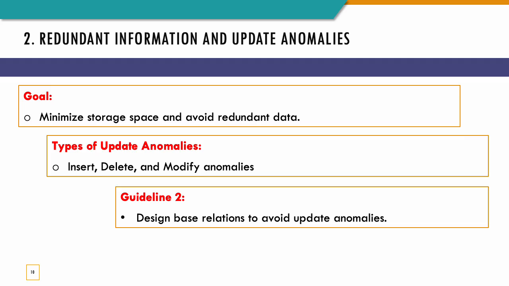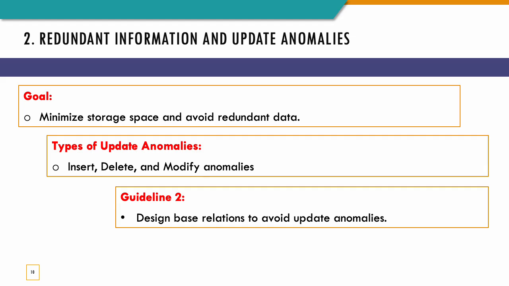So, the guideline for avoiding the update anomaly is that you need to design the database carefully. The goal is to organize the data in a way that minimizes redundancy and ensures that updates happen smoothly. One common approach to achieve this is normalization, where you break down large tables into smaller, more manageable ones.